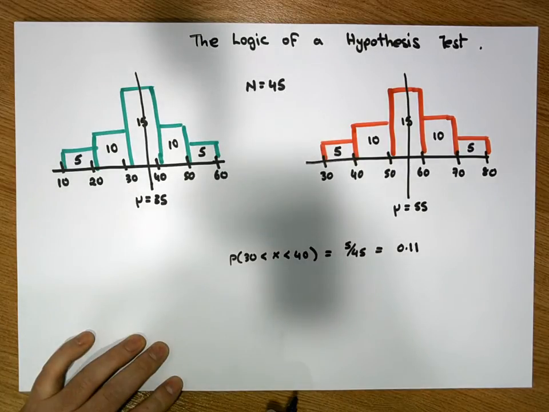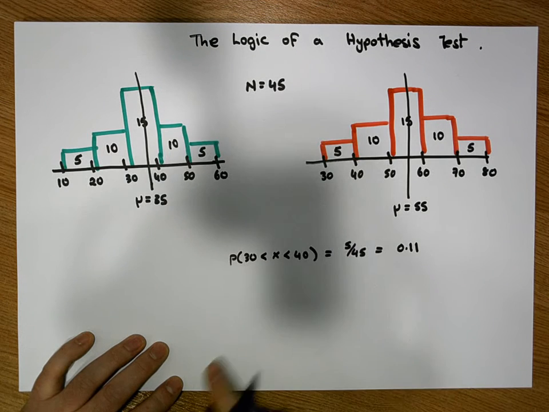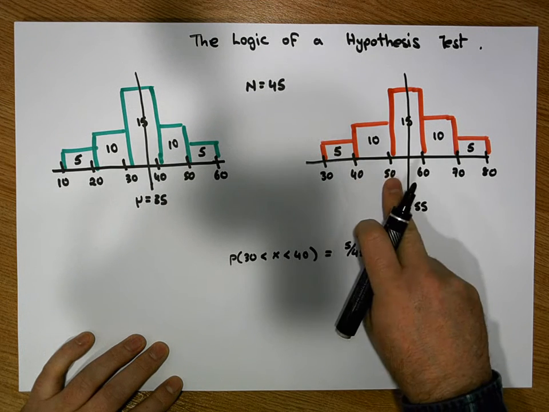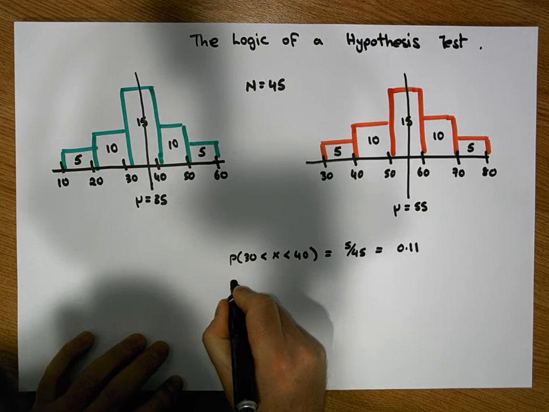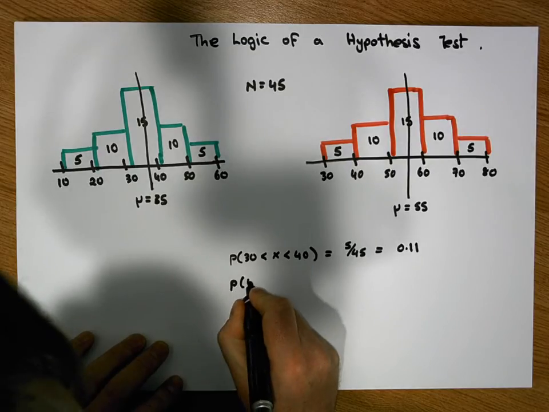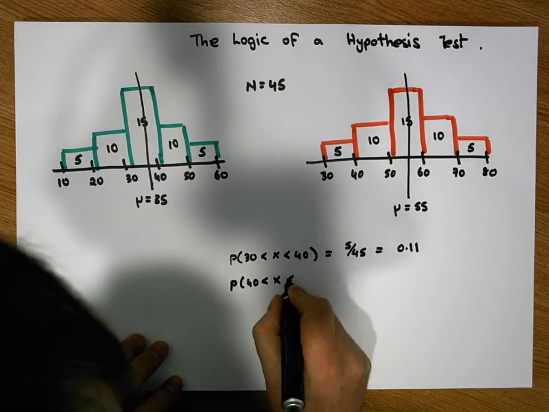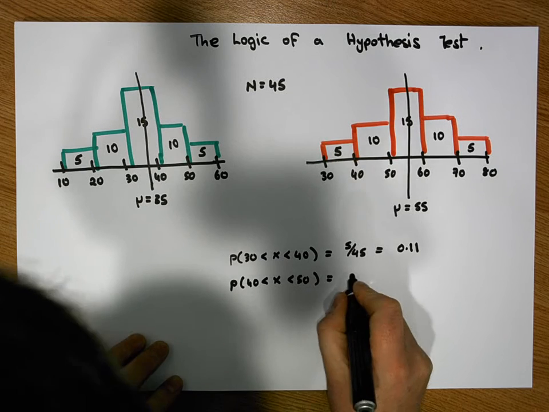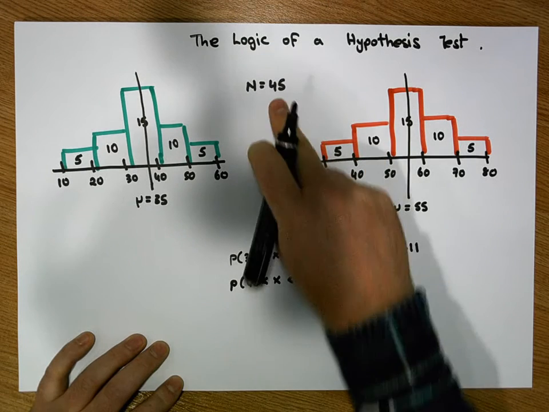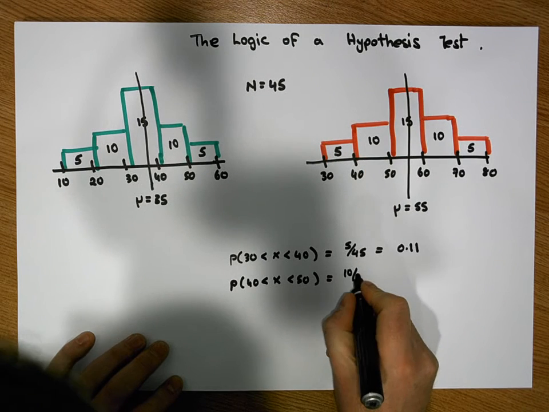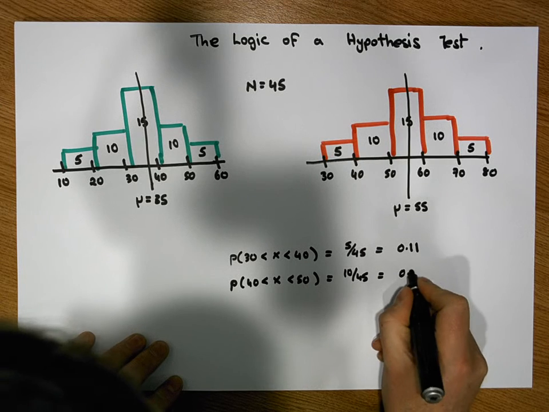What's the probability that the person selected spent between 40 and 50 euros? That would be 10 chances out of 45, so 10 over 45, which is 0.22.